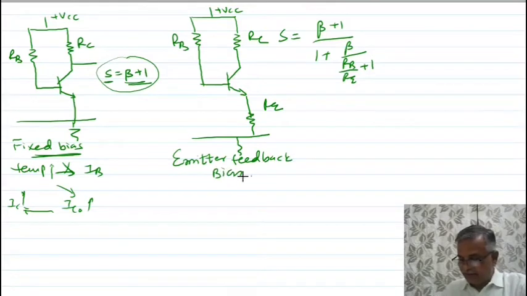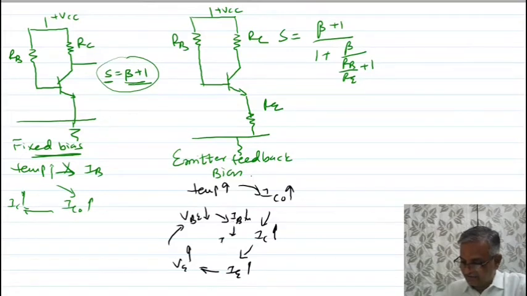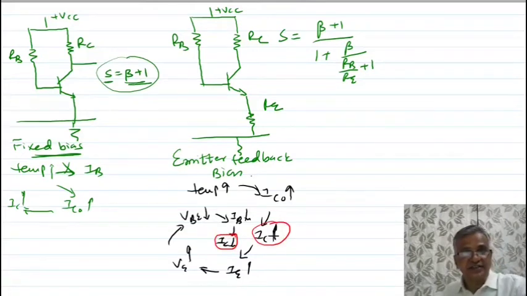In it, as temperature increases, leakage current increases, IC increases, IE increases, VE increases, so VB decreases. I have already explained that IB decreases, as a result IC decreases. So decreasing collector current tries to compensate the increasing collector current due to temperature variation.